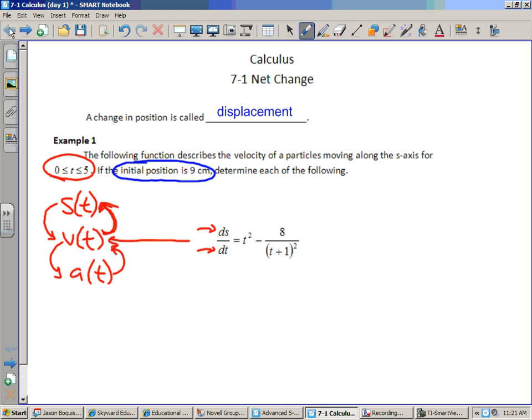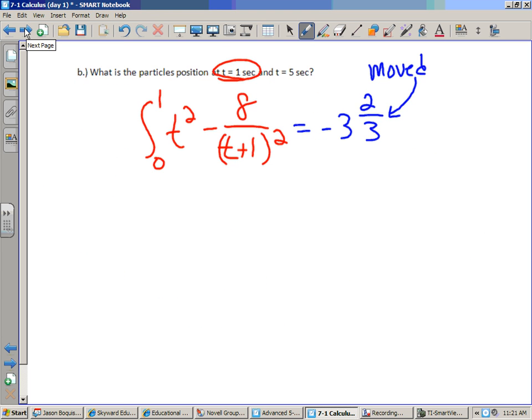From that 9 centimeters, it has moved left 3 and 2/3 centimeters. So where actually is it? Basically, just take the original plus the displacement, and you get where it is, which is 5 1/3 centimeters.